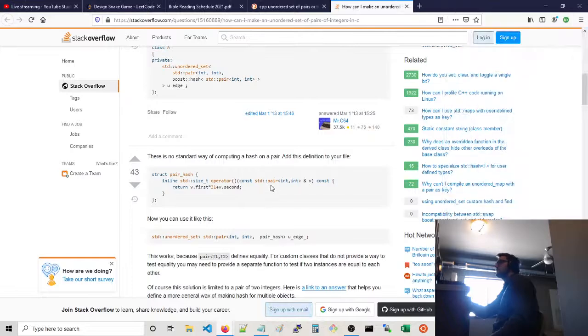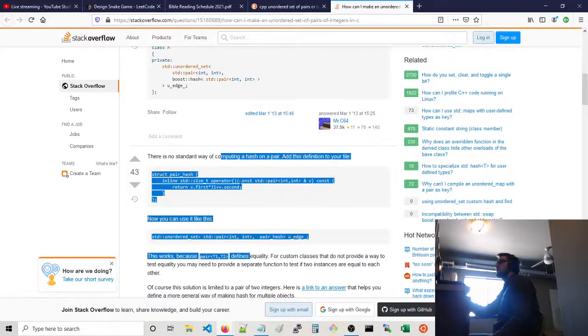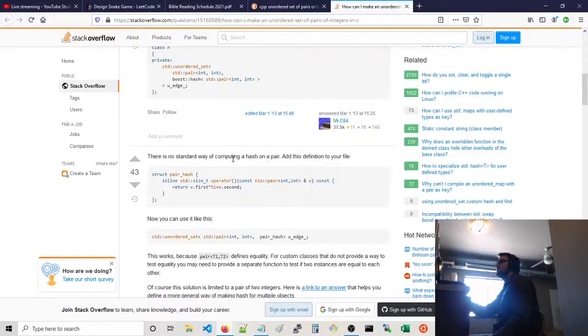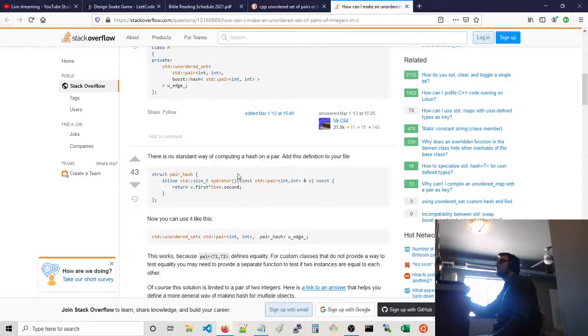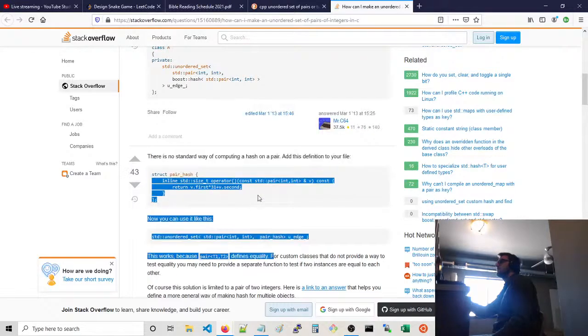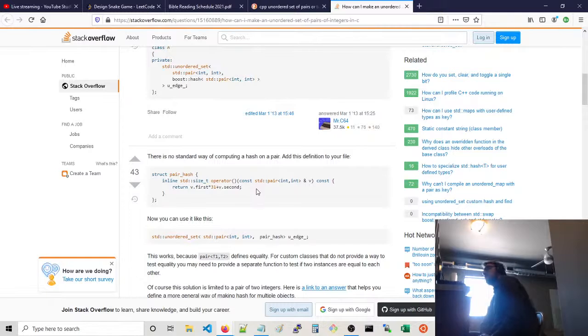But there are a few different problems with this, right? First things first, this could end up being very large, this could overflow. What does std::size_t do?